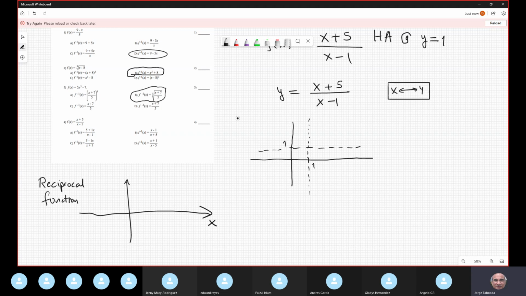The graph looks like that, and the equation is 1 over x. However, this one is more than that because we have horizontal and vertical shifts, but the shape is the same.